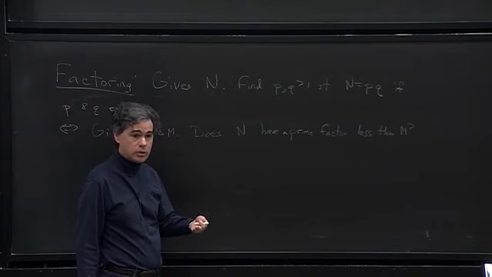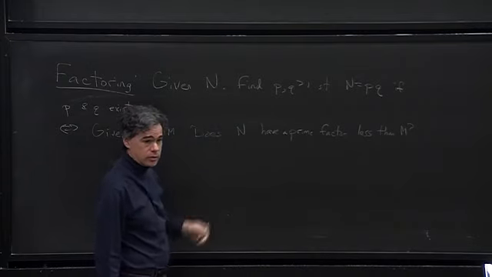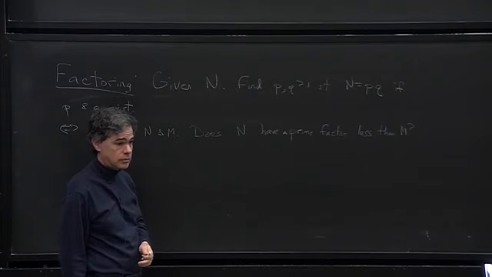So it's still polynomial. So an efficient algorithm for the decision problem implies an efficient algorithm for factoring.